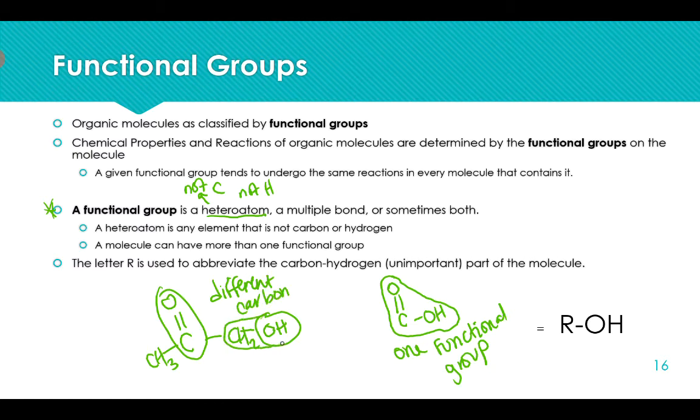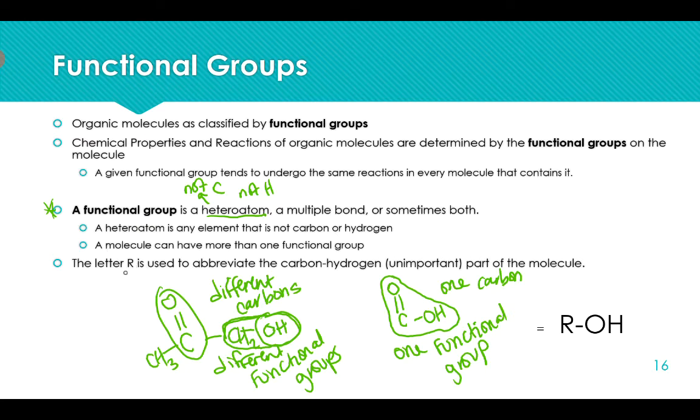They're on different carbons, and so they're different functional groups. So if the OH and the double bond O are on the same carbon, then it's part of the same functional group. And if they're on different carbons, then they're different functional groups.